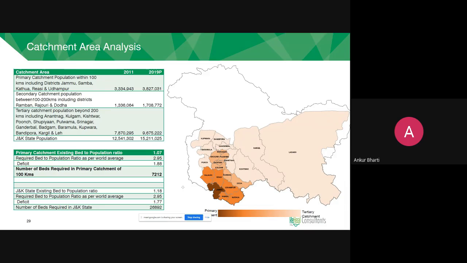That was the analysis which came from doctors' interviews and other hospitals' interviews. Because they said that many of the people who are staying in Srinagar have a second home in Jammu. So rather than stay with distant relatives in Delhi, they would prefer to stay in their own houses in Jammu and get treatment in Jammu if there is a super specialty hospital.